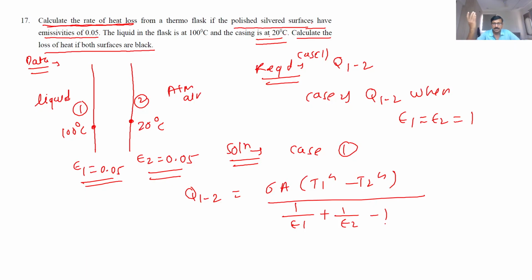You know, a thermos flask has a cylindrical boundary. But here I have assumed that the cylinder is broken at one point and then it is spread out, it is developed. So when a cylinder is developed, it becomes a flat surface. By this assumption, the thermos flask is made up of two flat surfaces, one of the inner bottle and the other of the outer bottle.